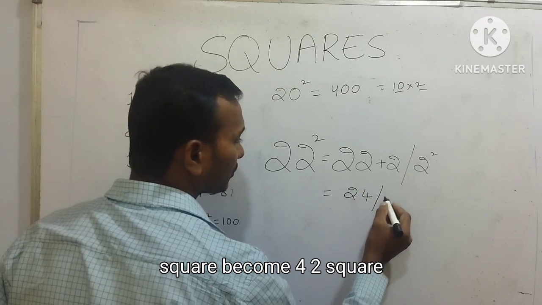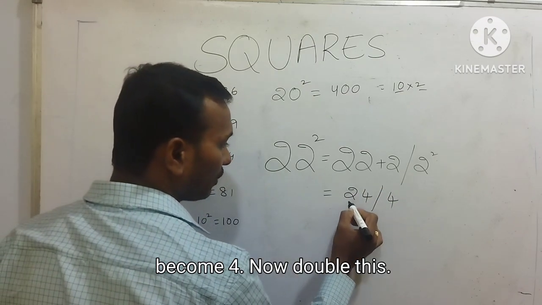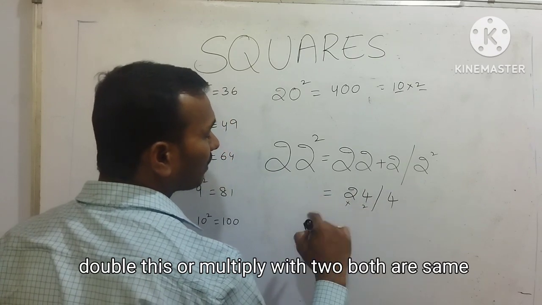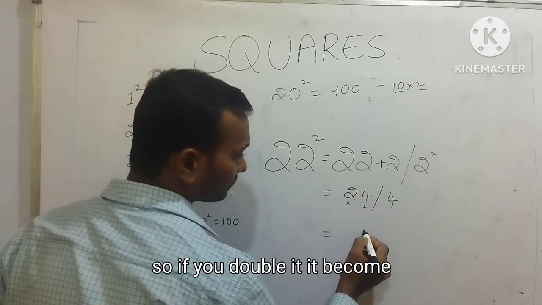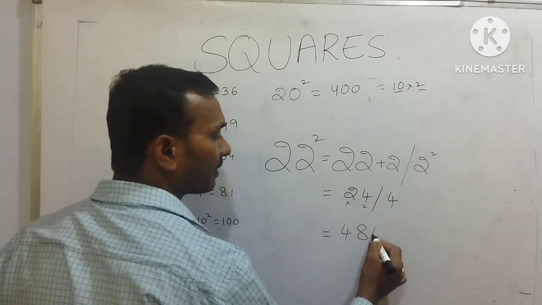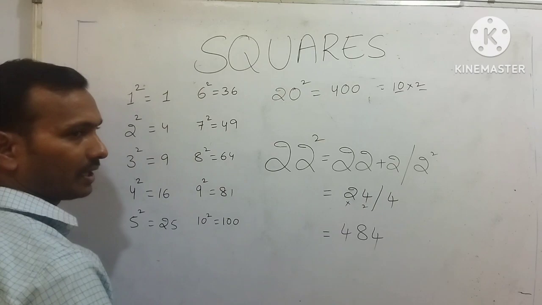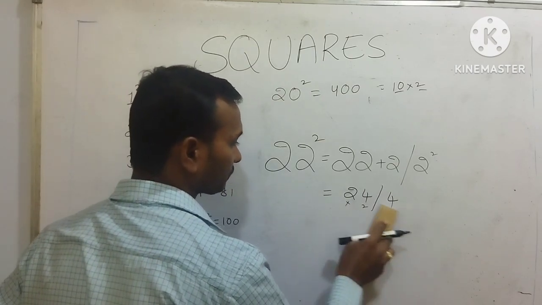And 2 square becomes 4. Now double this, or multiply with 2. Both are the same. If you double it, it becomes 48. So 4 is there, write that 4. 484.